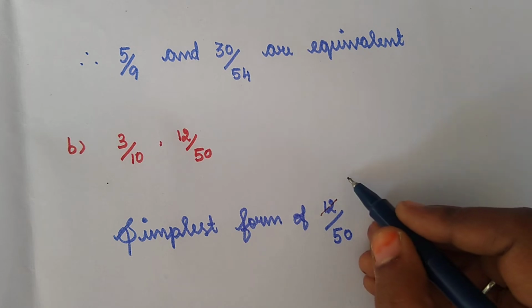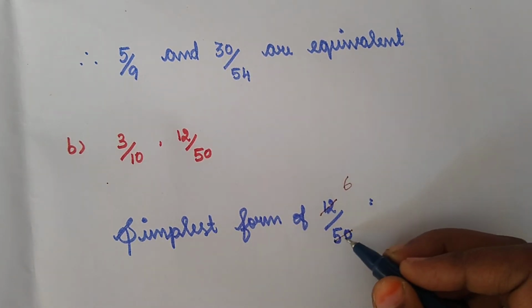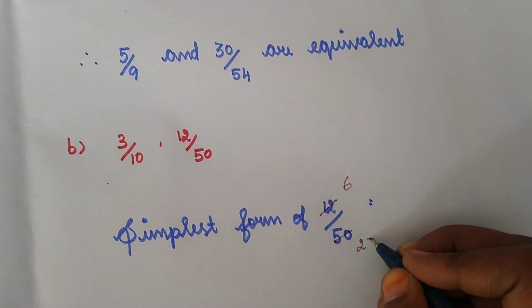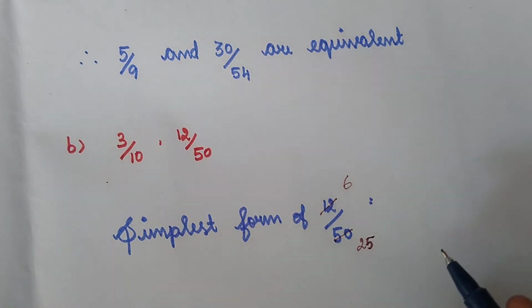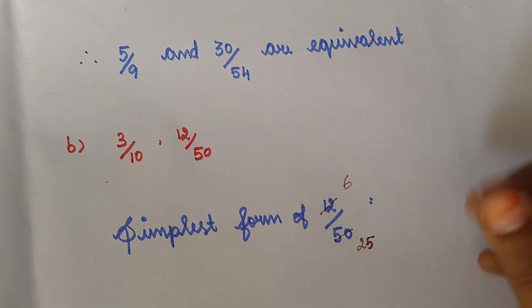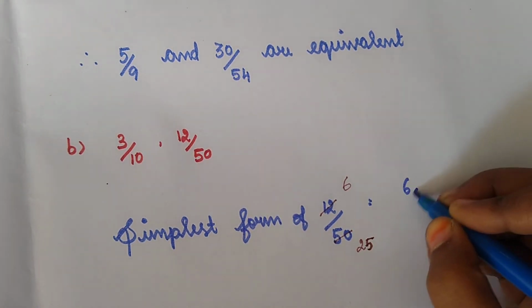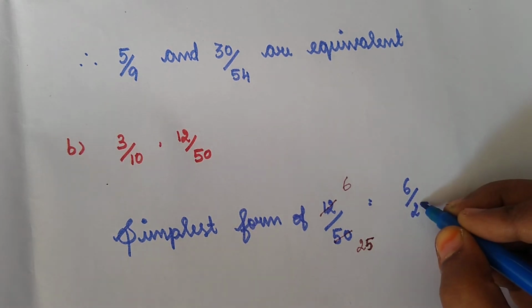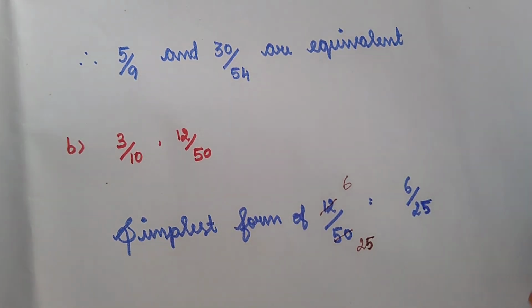In the two table, 6 2s are 12, 25 2s are 50. Okay, we get the answer 6 by 25. This is the simplest form of 12 by 50.